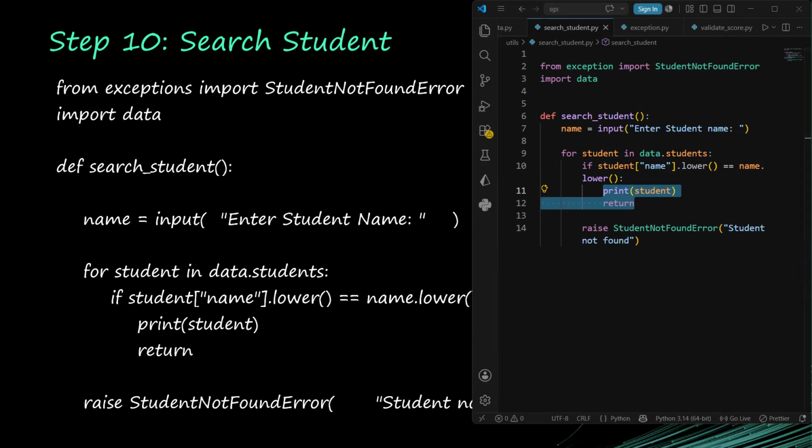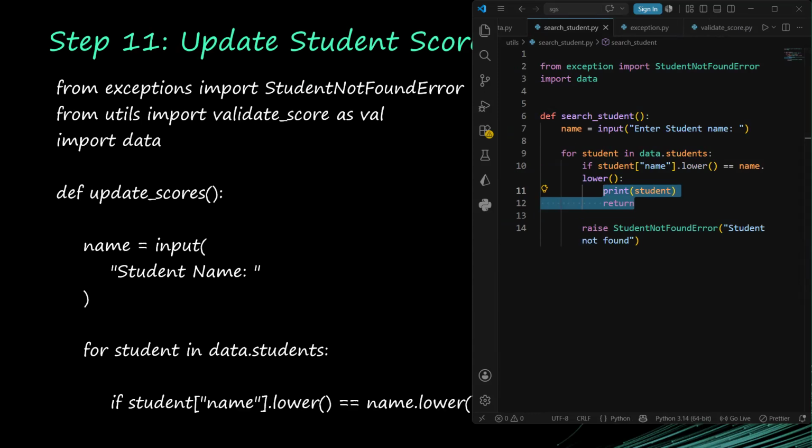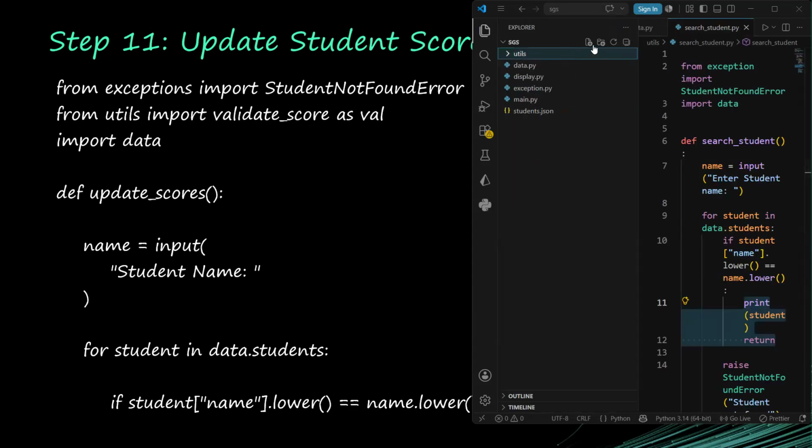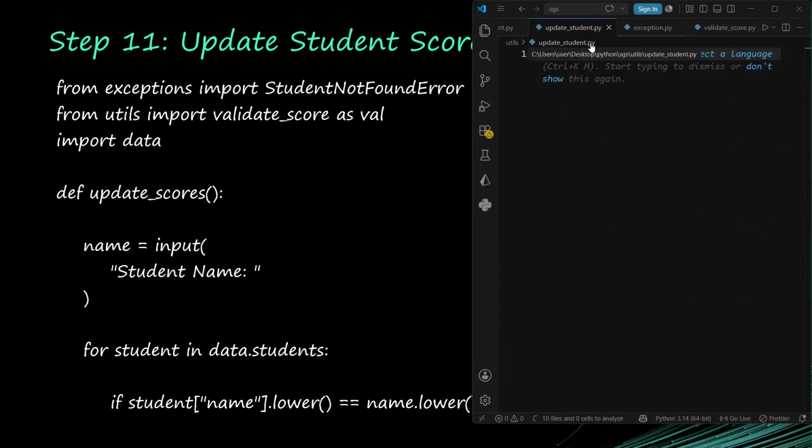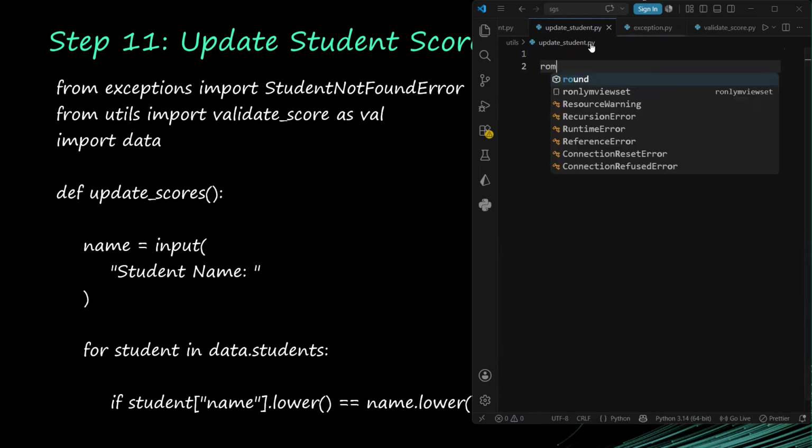Now let us create a function that would update students. All right, let's go inside utils, create another file, call it update_student.py. So what do we have here? We are going to do some imports.